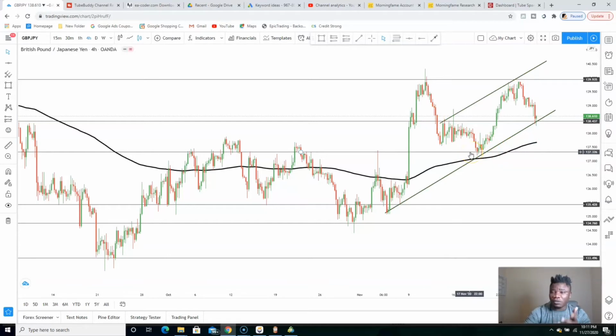It couldn't break it, so it rejected and went all the way up and touched this same zone again. Now it's trying to come back down. At the same time, price could reject this zone and then go back up and then eventually break it, or go up, touch it again, and then eventually start coming back down.